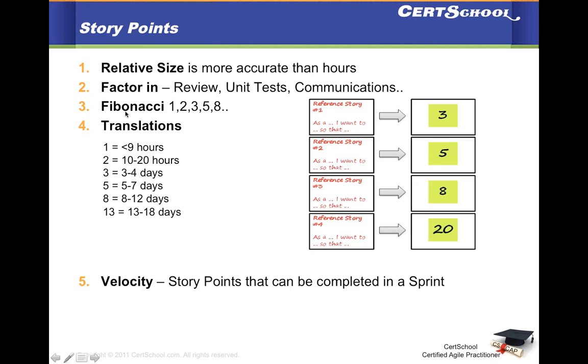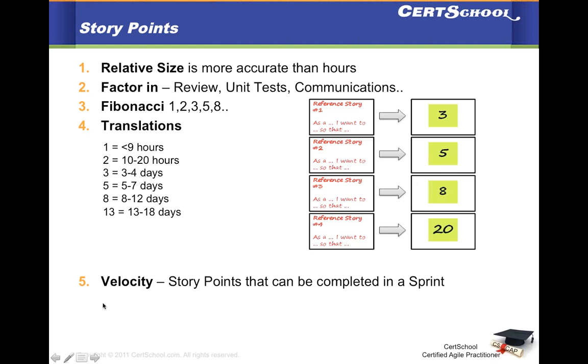So the translations are also important, but when you're doing estimation in story points, you're not trying to put any units next to them, you're just doing numbers, and hopefully Fibonacci series numbers.